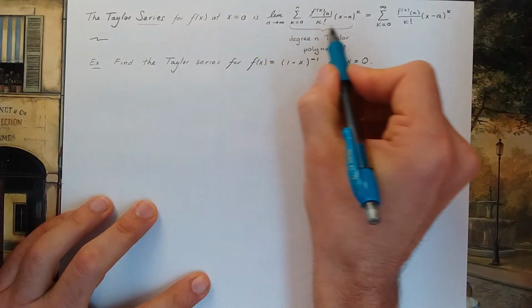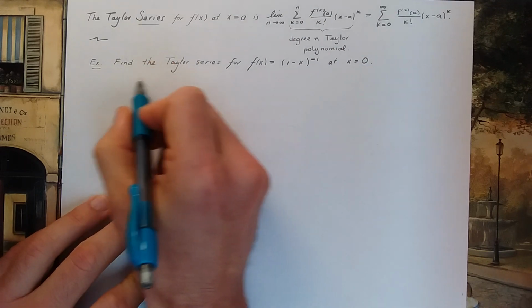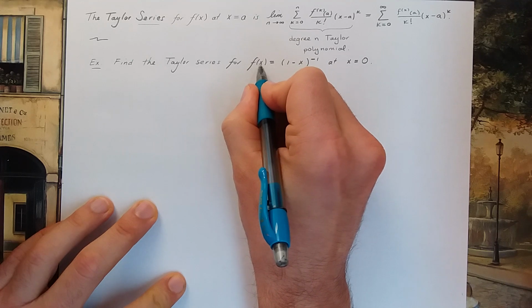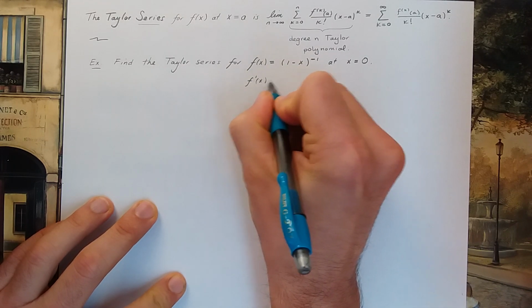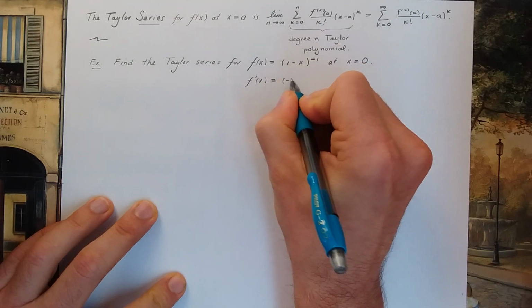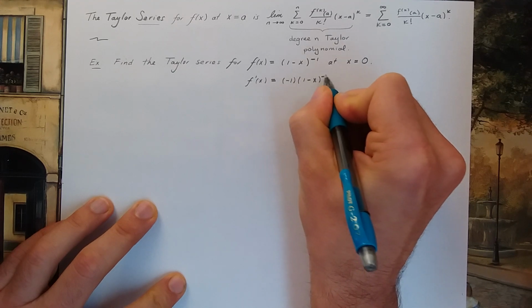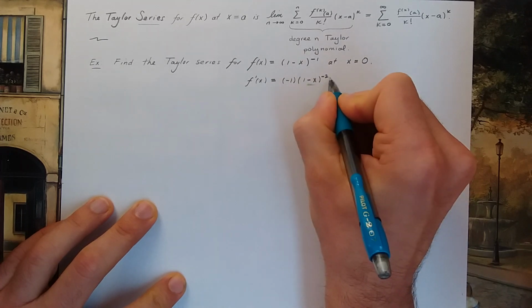So I'm going to write this thing down, see if I can make any sense of it. I need to take a bunch of derivatives, so let me do that. There's the 0th derivative. I could take the first derivative. The first derivative would be minus 1 times 1 minus x to the minus 2. And then using the chain rule, I get an extra minus 1.